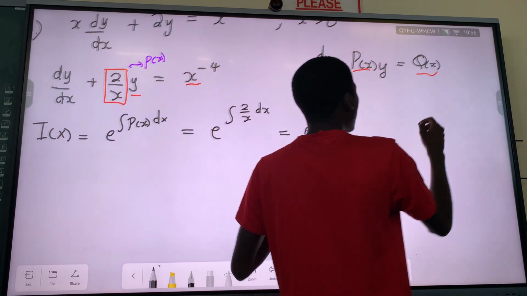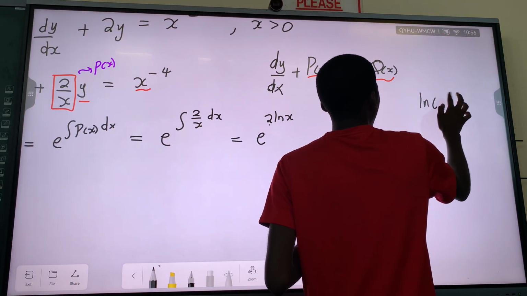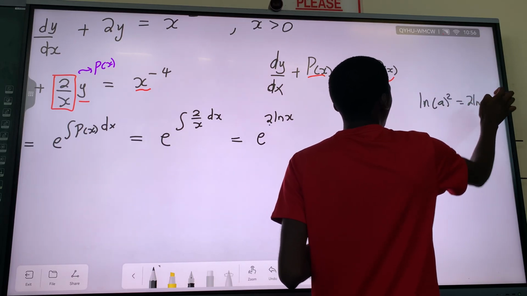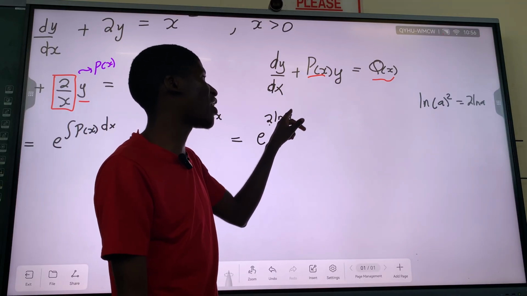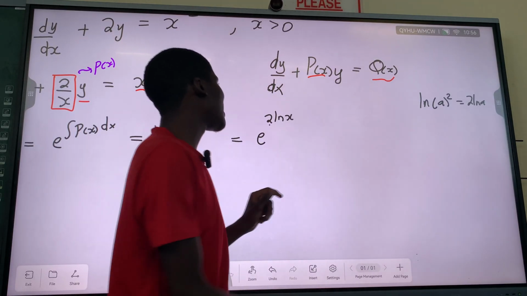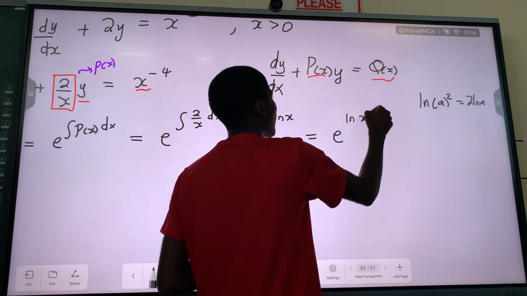Take it up there. Remember, if we have ln of a squared, it is the same thing as what? 2 ln a. So if you have a coefficient, you can change it to be what? An exponent of your argument. So this is the same thing as e to the power of ln x squared.